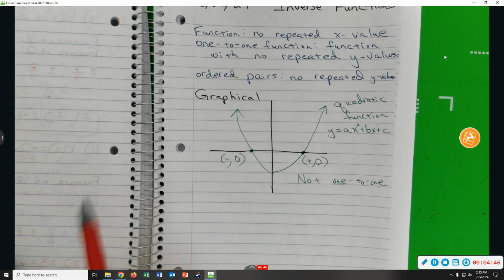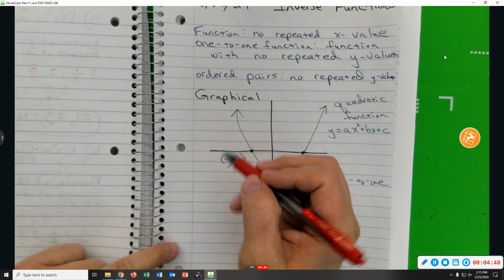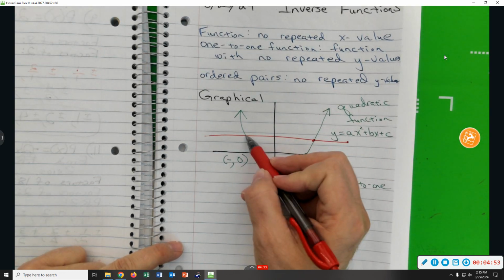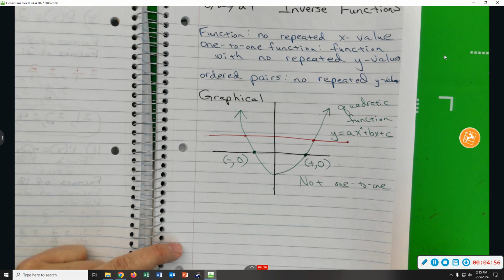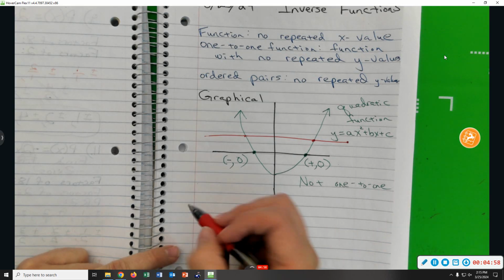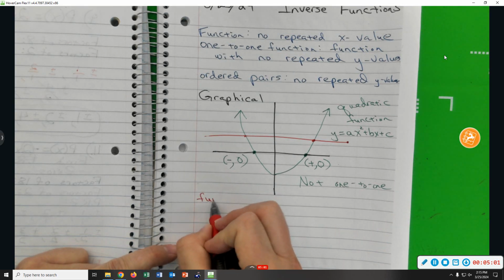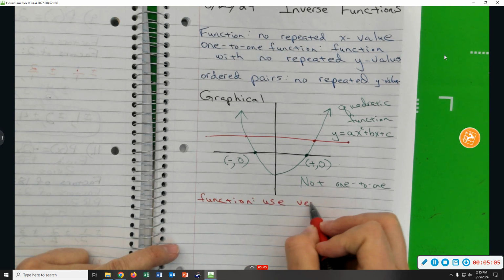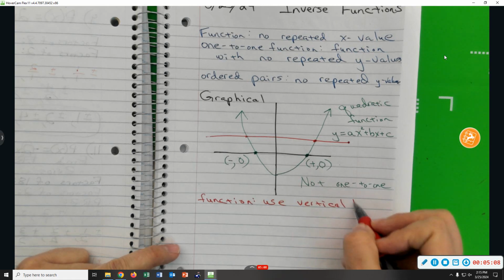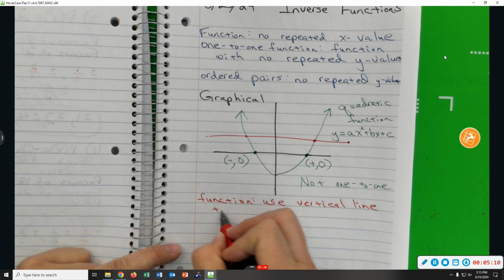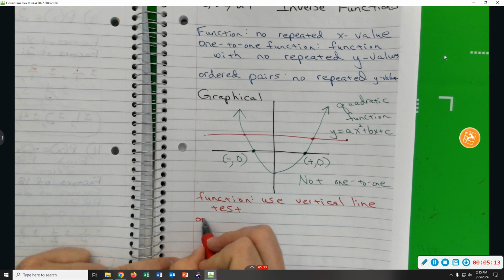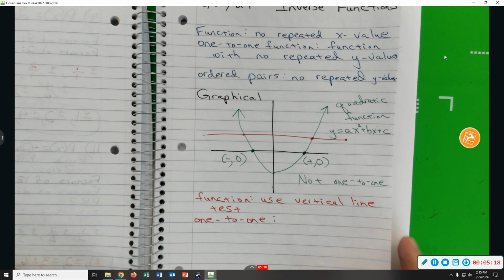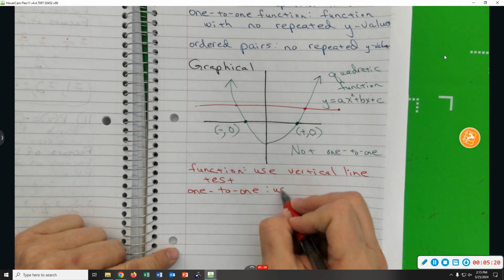To determine one-to-oneness, you use the horizontal line test. If you can draw a horizontal line so that it hits the graph in two spots, it is not one-to-one.